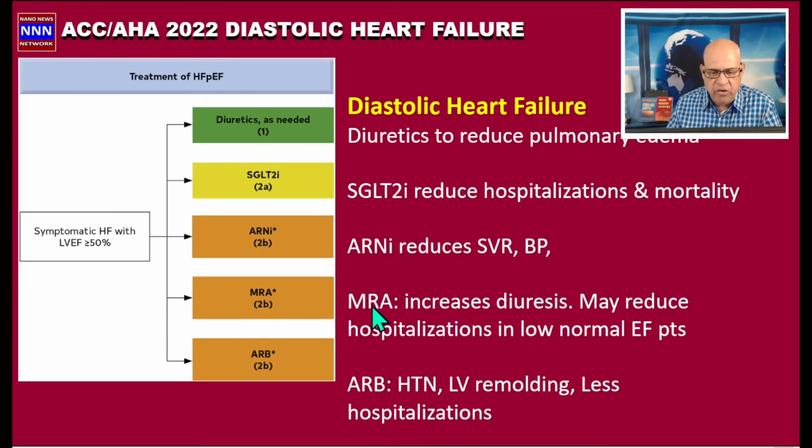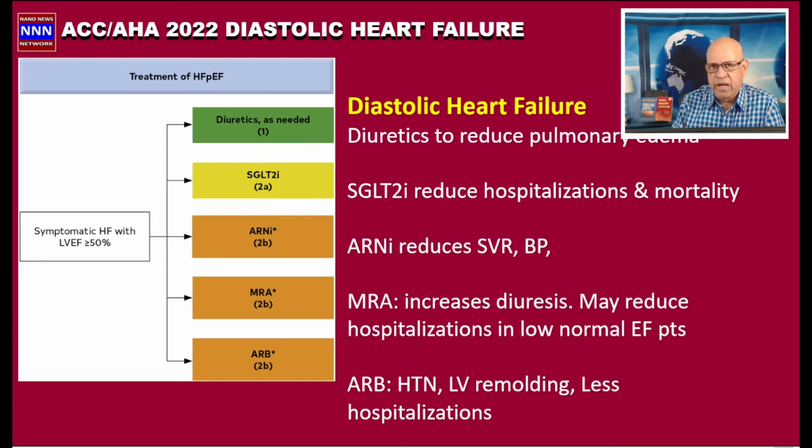Similarly, the mineralocorticoid receptor antagonists, namely aldactone or eplerenone, increase the diuresis, but we have to be cautious about potassium excess, especially in the presence of increased creatinine levels. They have been shown to reduce hospitalizations, but this was more so in patients who had the lower end of the LV systolic function.